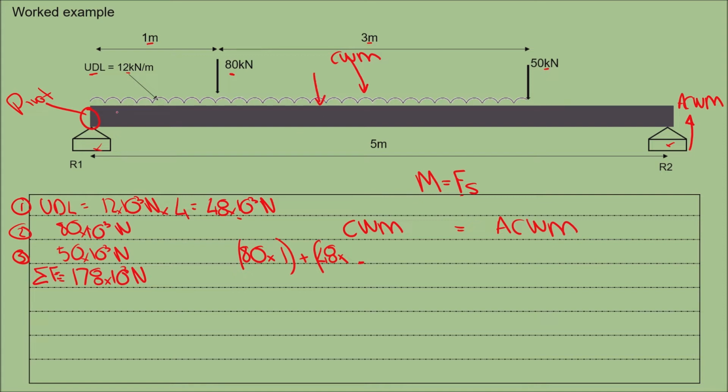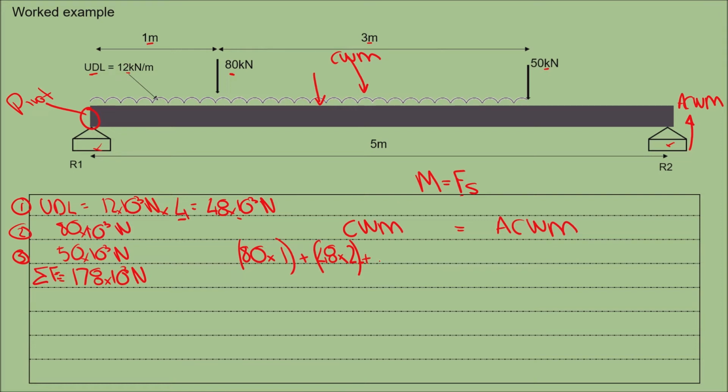It would make sense that that point load would act at the centre of the distance that the UDL is spread over. From our previous calculation, that's 4 meters. So the centre of that load is going to be at a distance of 2 meters, because from the pivot to the centre of the load is 2.